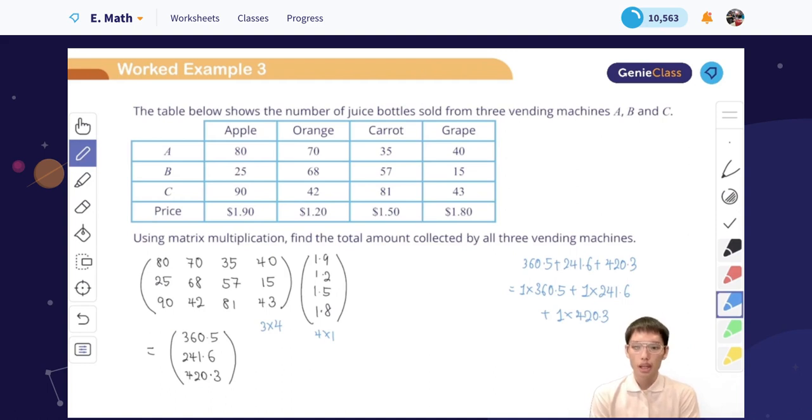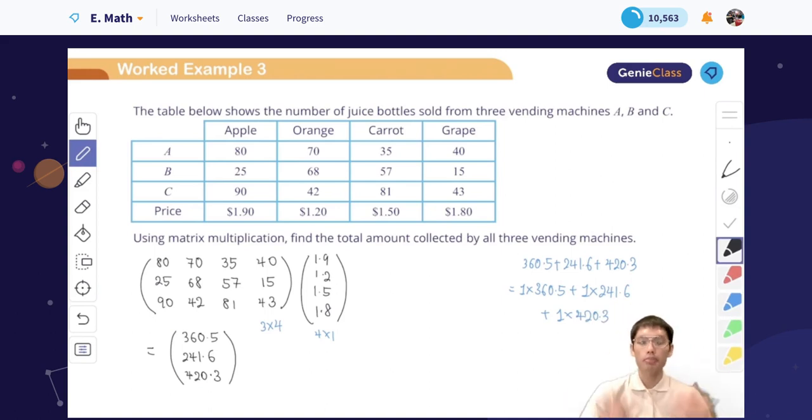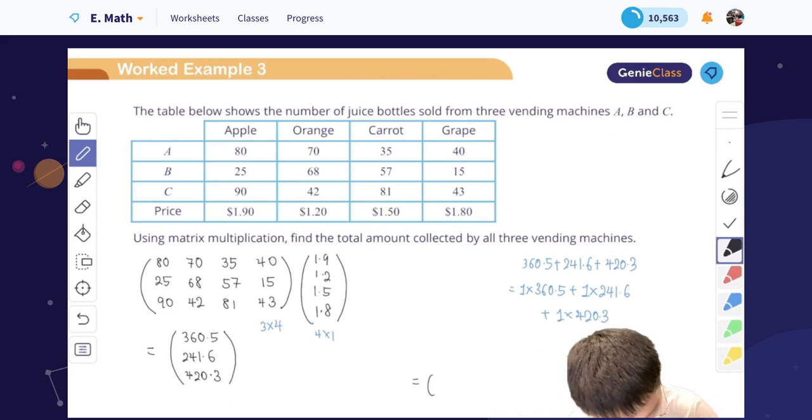And how would I represent this way of multiplying matrices? Now overall, I need 1 entry. Take note, this entry over here, do you agree? Ultimately, when I multiply, I only get 1 answer. So it should be a 1 by 1 matrix I'm getting.